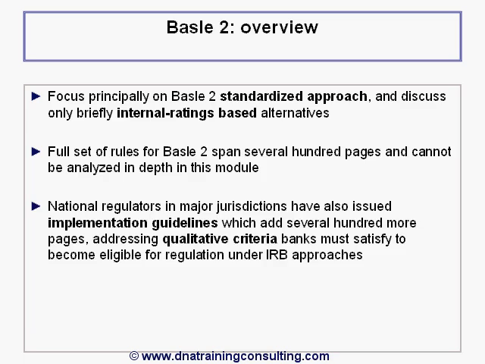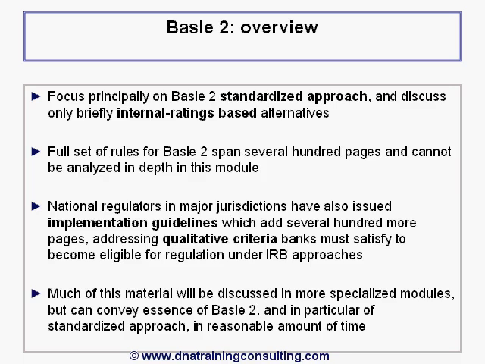National regulators in major jurisdictions have also issued so-called implementation guidelines, which add several hundred more pages to these rules, addressing in particular the qualitative criteria and procedures banks must satisfy to become eligible for regulation under the internal ratings-based approaches.